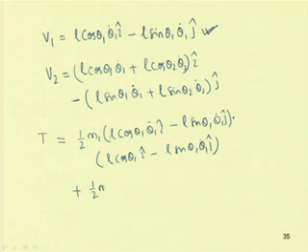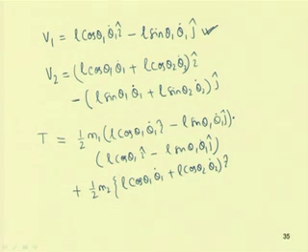Similarly, for the second mass, the kinetic energy can be written as half m2 into the velocity of the second mass. The velocity of the second mass can be written in this form. Using the dot product again, the i component becomes L cos theta 1 dot plus L cos theta 2 theta 2 dot, and the j component becomes minus L sin theta 1 dot plus L sin theta 2 dot.